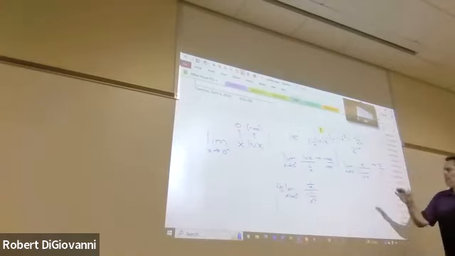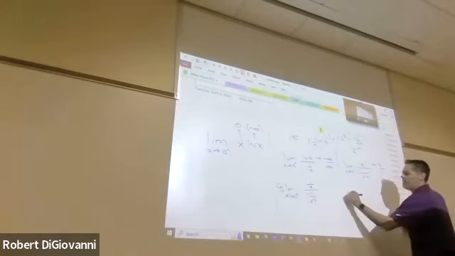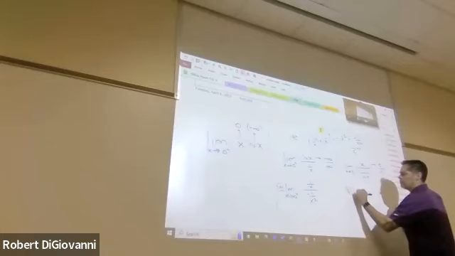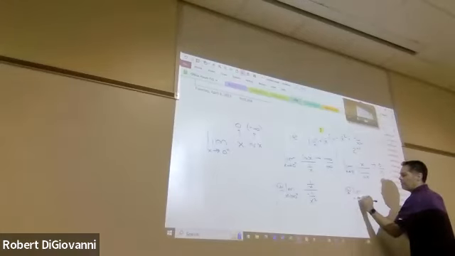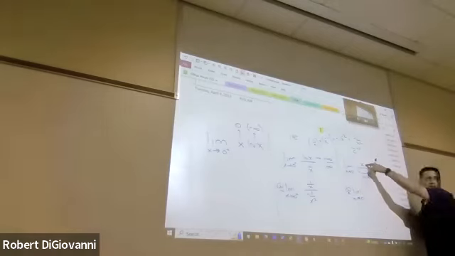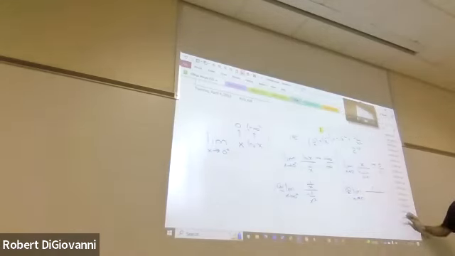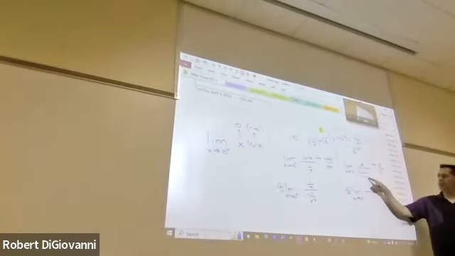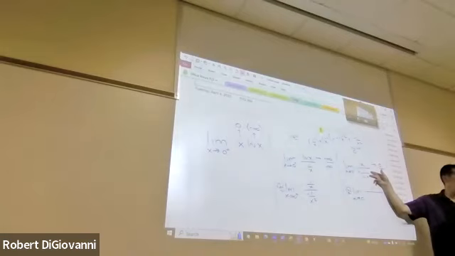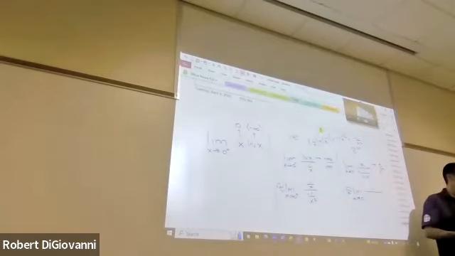This one, however, if I do L'Hopital, the derivative of the top is easy, right? It's just 1. But the bottom is a problem, because how are you going to take the derivative of this? You can't just take the derivative of the bottom because this is a quotient. You would have to apply the quotient rule.